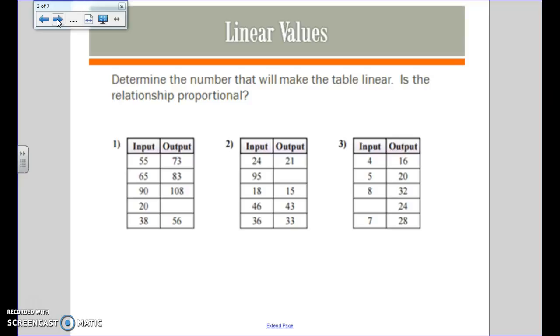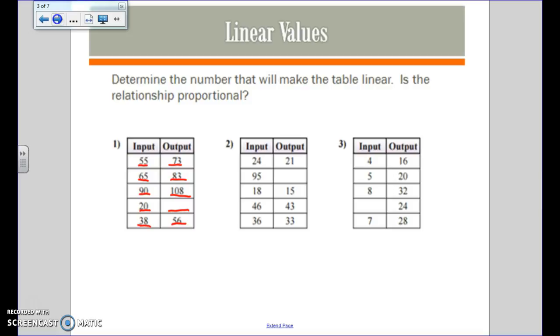And I know the numbers are kind of big, but let's see if there's a relationship between 55 and 73, 65 and 83, 90 and 108, 20 and something, 38 and 56. Now, Mr. Gillum's pretty good at finding patterns in numbers, and Dr. Kaboom even said, hey, math, it's all about patterns.